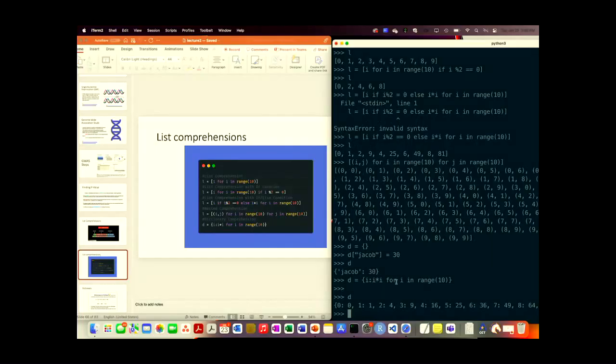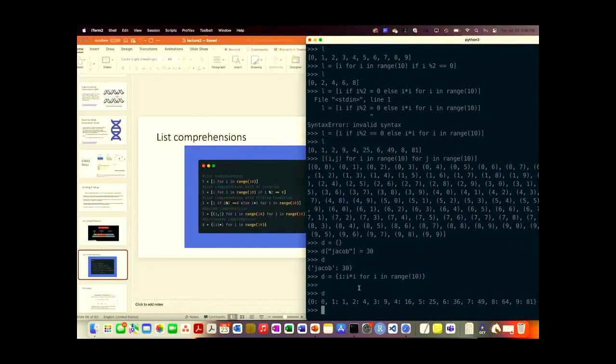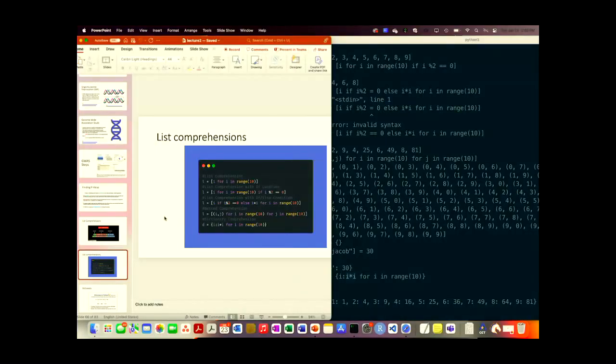I say for I in the range of 0 to 9, make the key have a value of the number times itself. So 0 is 0, 1 is 1, 2 is 4, 3 is 9, etc. So comprehensions are incredibly useful.